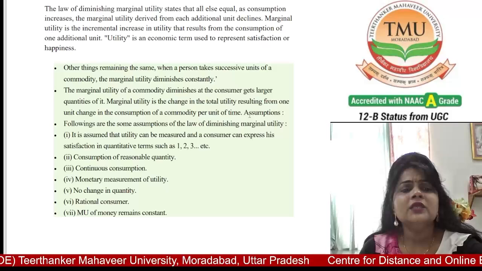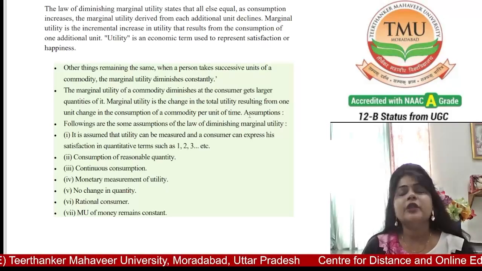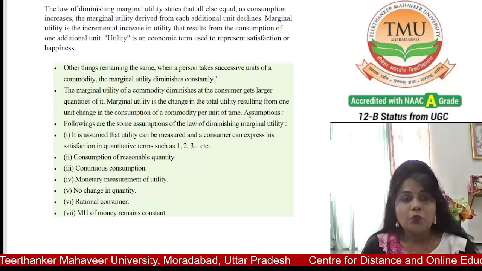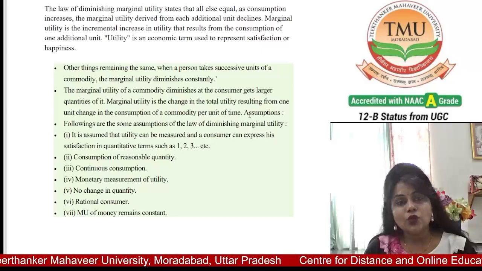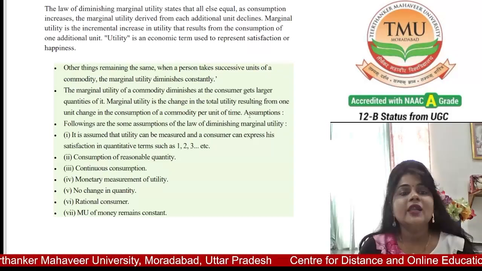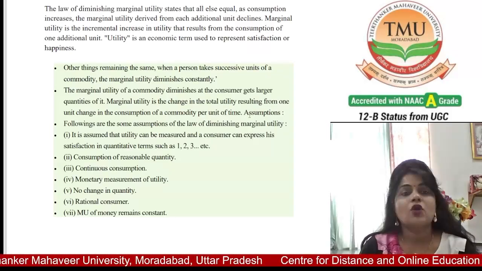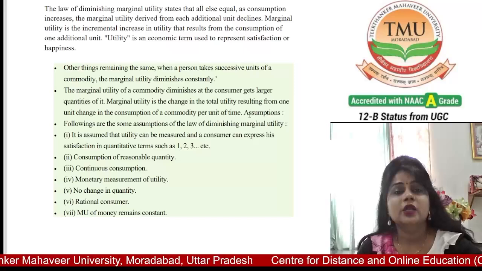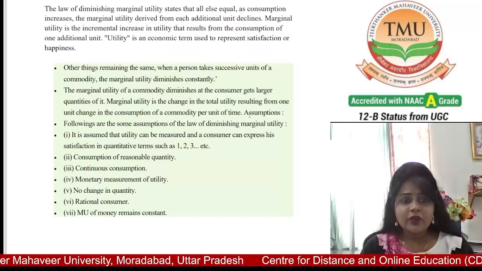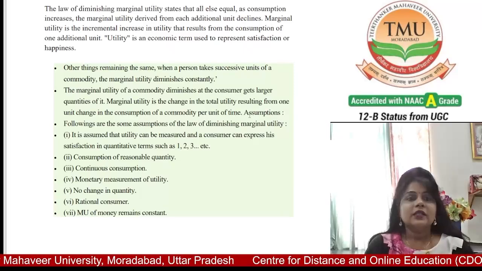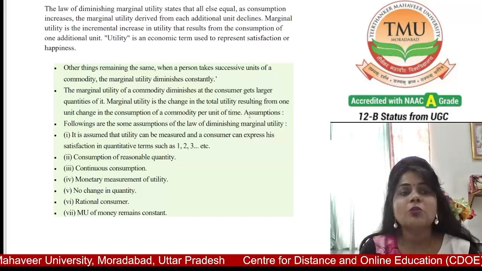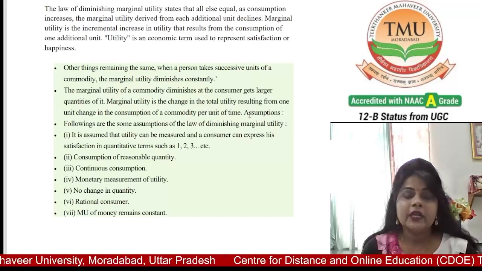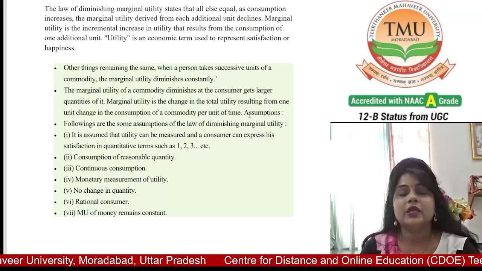In simple words, the law of diminishing marginal utility means that the more of an item that you use or consume, the less satisfaction you get from each additional unit. The marginal utility from each additional unit declines as consumption increases.